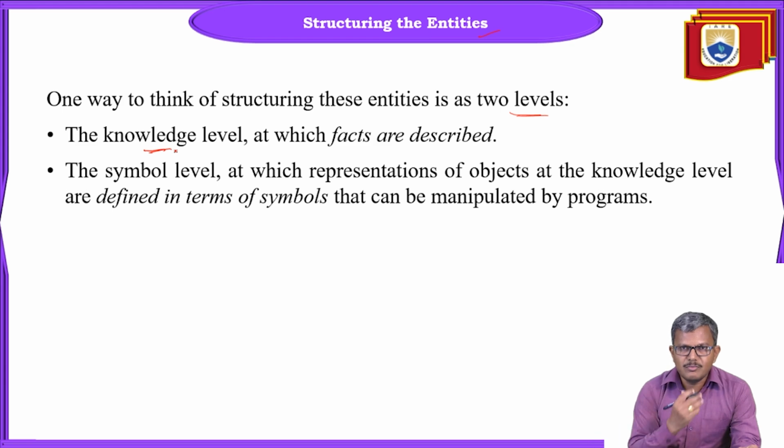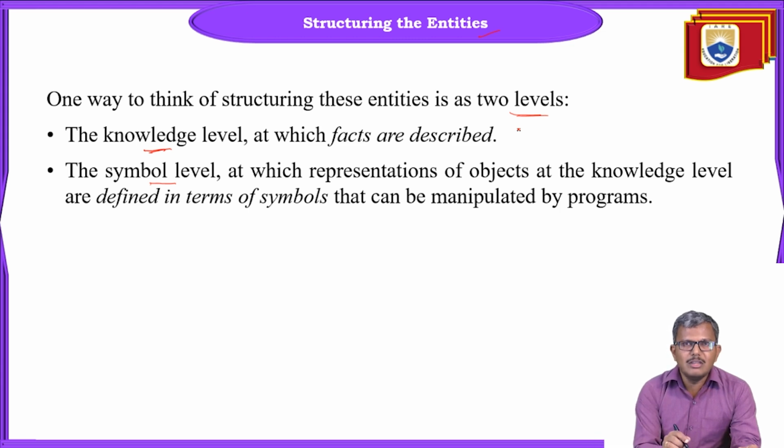Once it is done, our next duty is to represent the same thing in symbolic form. In simple words, this knowledge level is suitable for humans to understand. But when it comes to machines, we need to represent the same facts or knowledge at the symbolic level also.